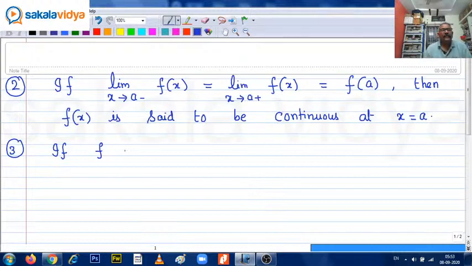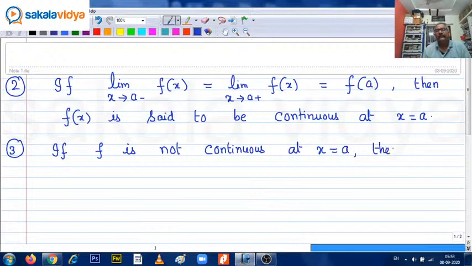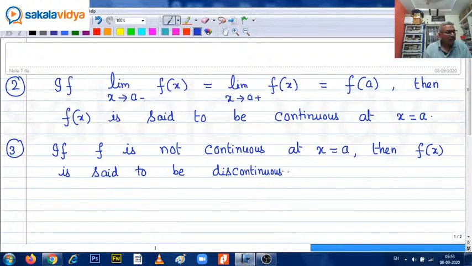If f is not continuous at x is equal to a, then f of x is said to be discontinuous. Generally we use these words, either continuous or discontinuous.